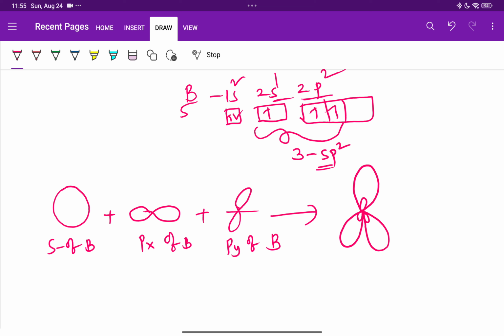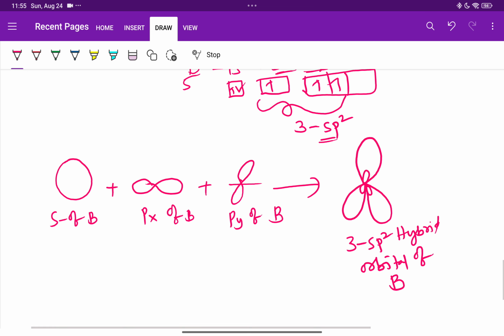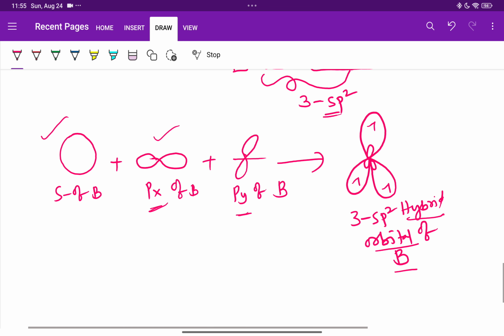So splitting is happening here. So these are the 3 sp2 hybrid orbitals of boron. So here s is having 1 electron, p is having 1 electron, nothing but px is having 1 electron, py is having 1 electron. So I can show here 1, here 1, here 1. So 3 sp2 hybrid orbitals are having unpaired electrons 1, 1, 1.